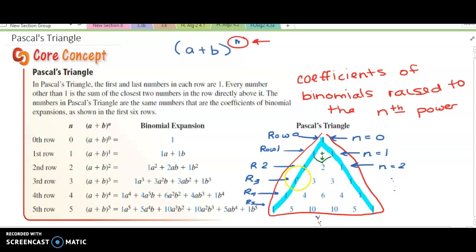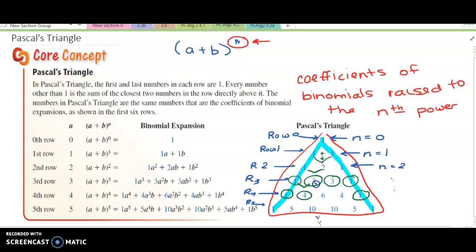Now the third row, we start with our 1s on the outside. Well, 1 plus 2 is 3, and 2 plus 1 is 3. So row 3 would be 1, 3, 3, 1. Now if I look at row 4, once again, we know we have 1s on the outside, and we just start at the top and work down. To find the numbers in between, the numbers that it straddles, this 4 is just 1 plus 3.